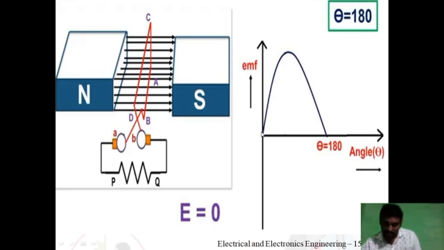Earlier, during 0 to 90 degrees, the rate of change of flux was increasing, so the EMF induced increased. Whereas from 90 degrees to 180 degrees, the EMF induced decreases, because the rate of change of flux, or flux cutting, decreases, and it reaches 0 at theta equal to 180 degrees.